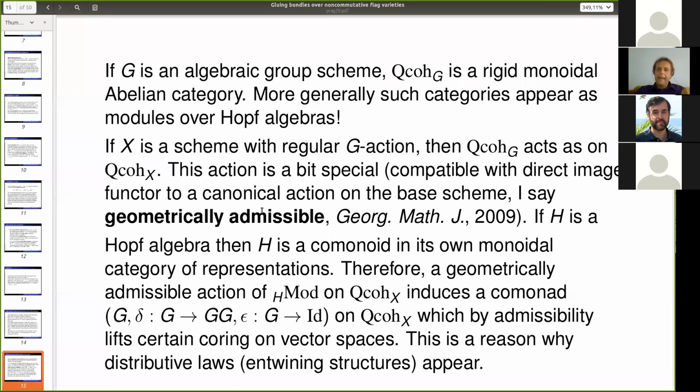And in this base, in the category of vector spaces, you know what a Hopf algebra is. Over there, it's defined. And in fact, a Hopf algebra is a comonoid in its own category of modules. So it induces a comonad. And this comonad also has a version on the base scheme, which is just given by tensoring with the Hopf algebra, and using just the co-multiplication on this Hopf algebra.